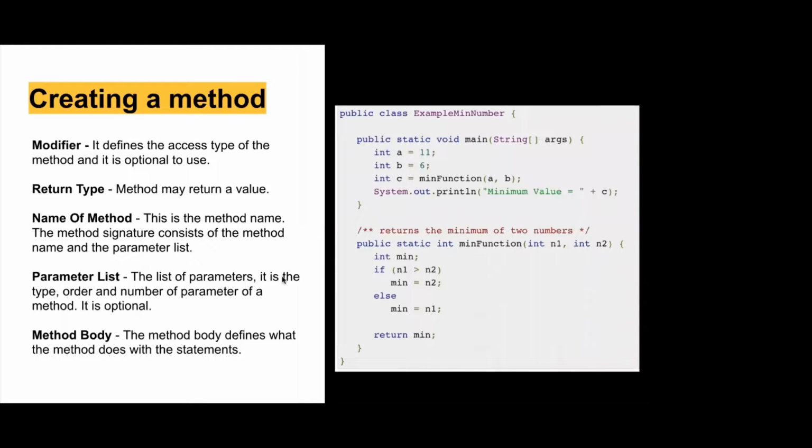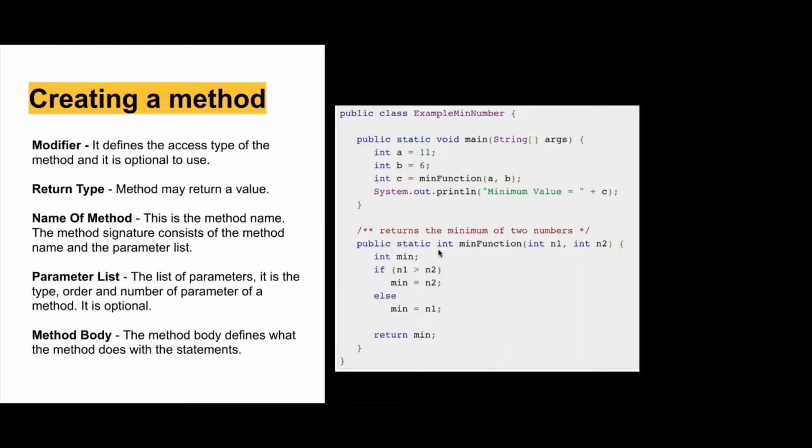For creating a method, we need a modifier, a return type, the name of the method, a parameter list, and the method body. Let's take a look at this example. First, public class Example, and this is a class name.